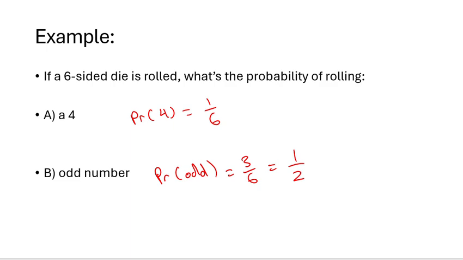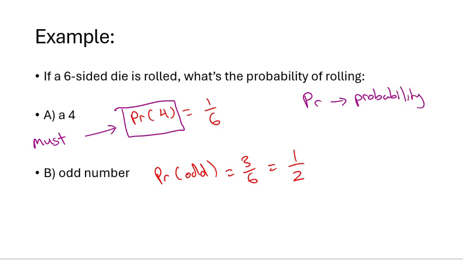Now, these are just some examples here. If a six-sided die is rolled, what's the probability of rolling? Now, you must make sure that you do this. You must write this. I am going to force you to get into the habit of writing this kind of stuff. PR just means probability. Bracket stuff just describes what you're finding.